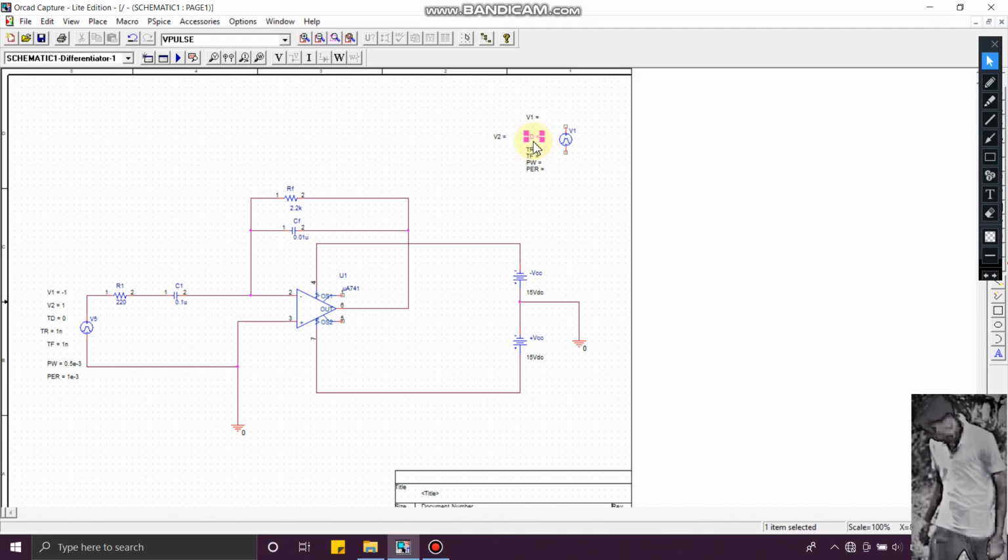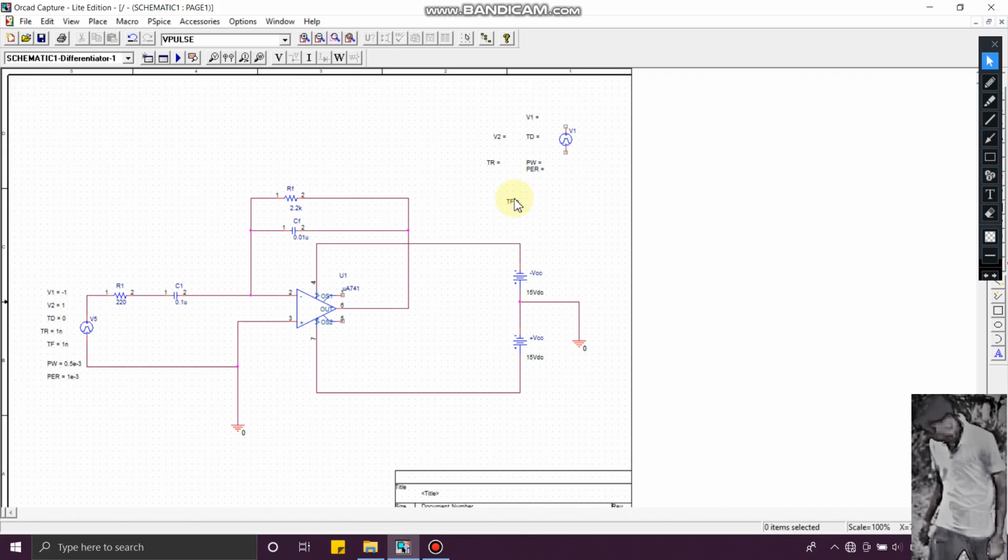You can see here the delay time. In a square wave we don't have a delay time, so you just give the delay time as 0. This is TR, the rise time, and this is TF, the fall time.